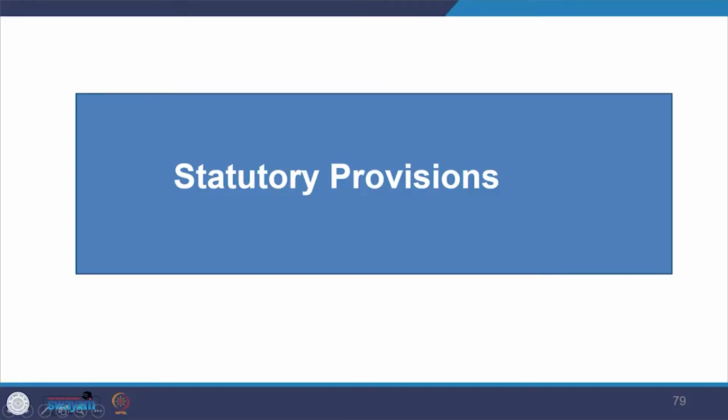It was in 1983 that the Silent Valley hydroelectric project was called off, and then Prime Minister Rajiv Gandhi inaugurated Silent Valley National Park in 1985. So we'll discuss the status of EIA in India from the perspective of statutory provision.